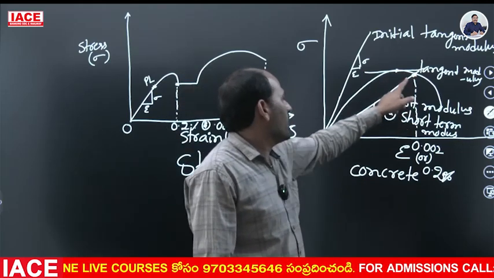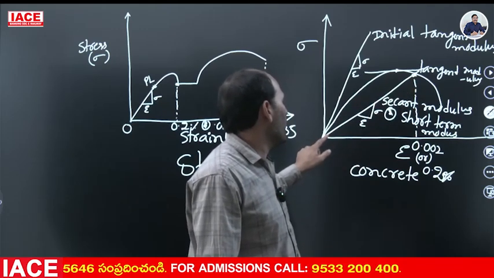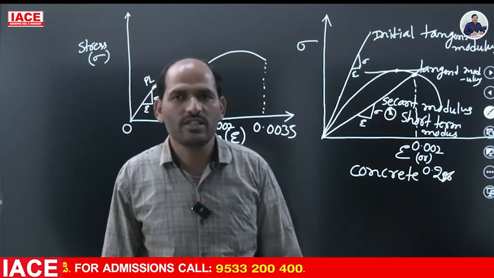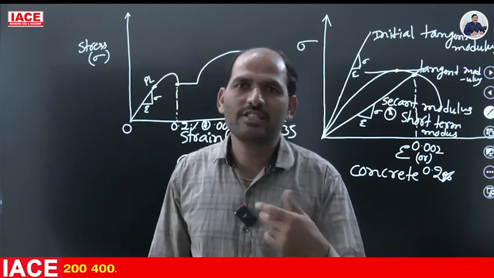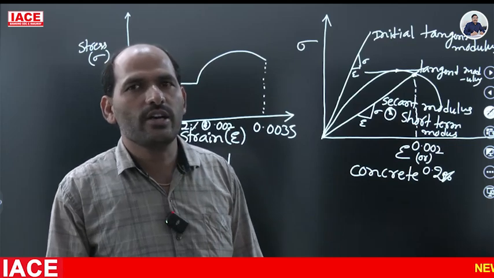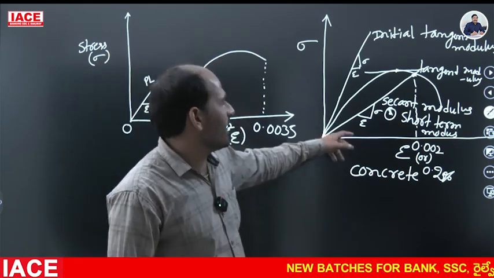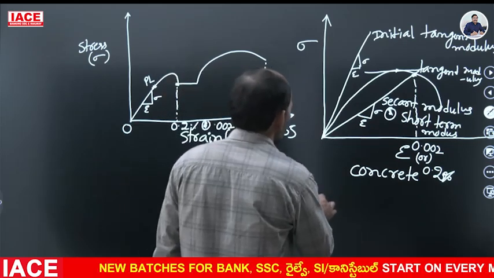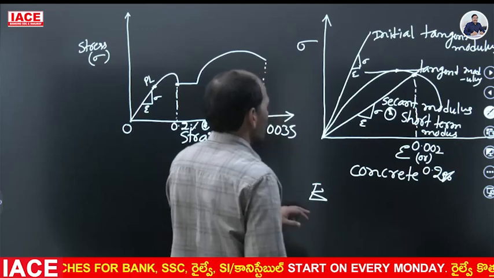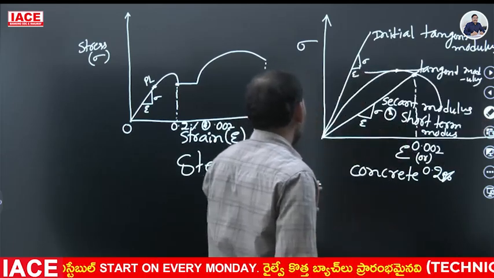Then take one point on the graph and from the origin point we draw the tangent. This is called the secant modulus, or simply the short term modulus. From the secant modulus and short term modulus, we develop the modulus of elasticity.